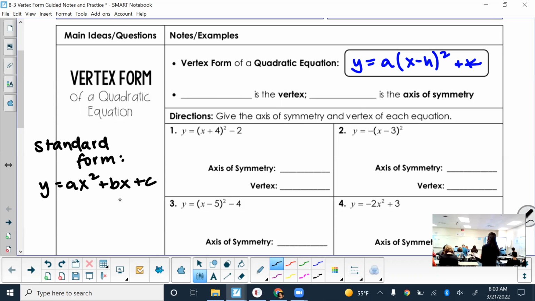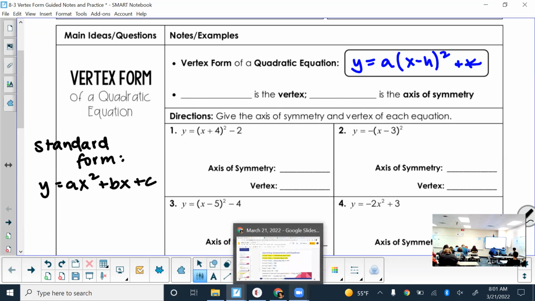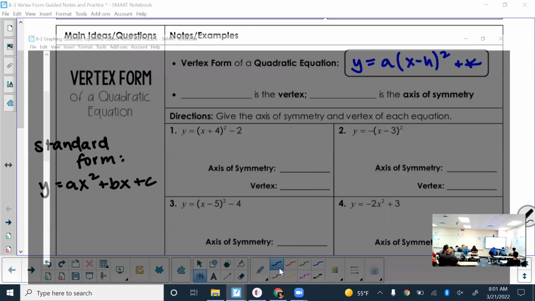It's been like a week, but make sure we retain that information for our topic test. All right, so with standard form, we had to identify axis of symmetry and vertex by using formulas. So I'm just going to show you that, and then we'll come back to this.